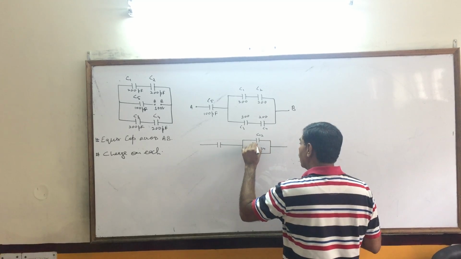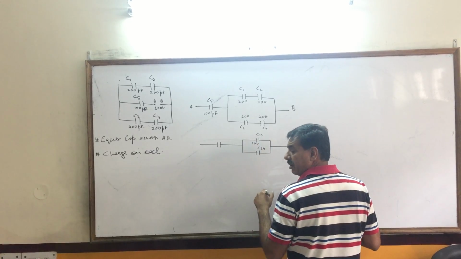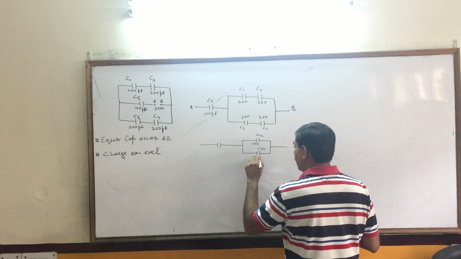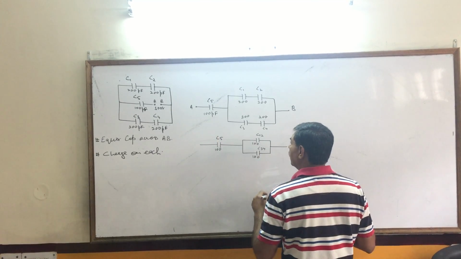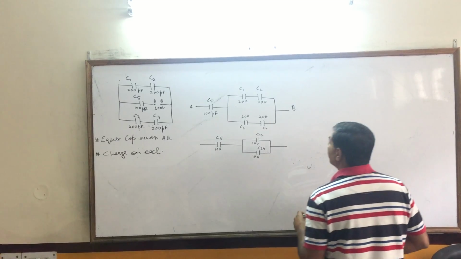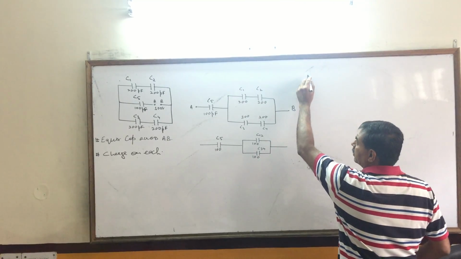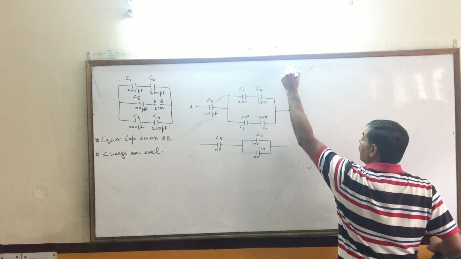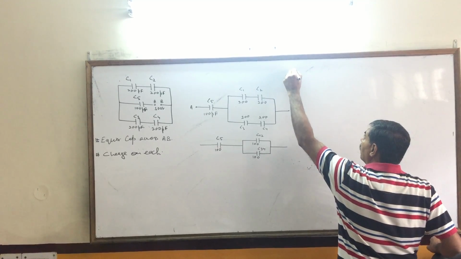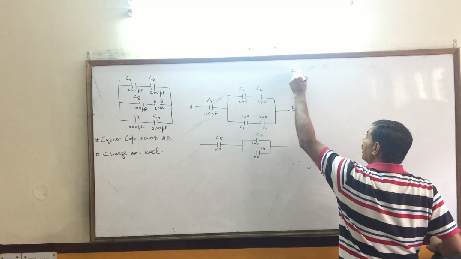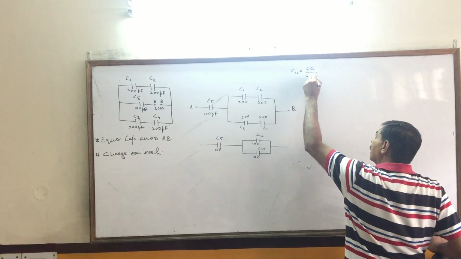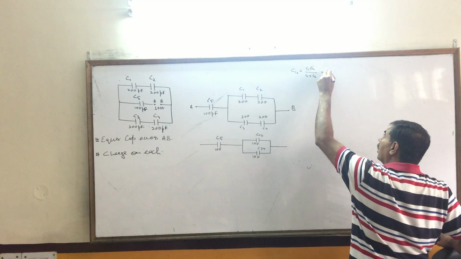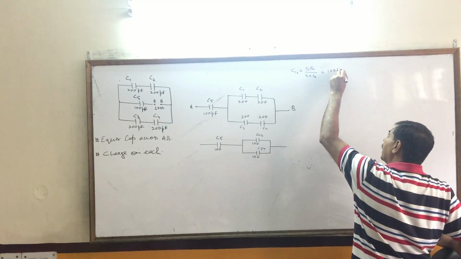C12 is how much? 100. This is also 100. If you have to write it properly, you will have C12 as C1 C2 over C1 plus C2, giving you 100 picofarad.